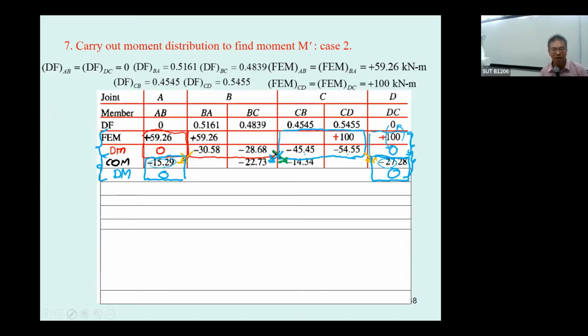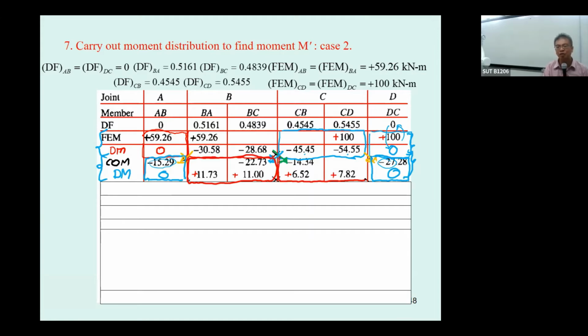Following this negative moment, you're going to require a positive moment here, also positive here, and positive here. You do the computation, you get all positive, and then the moment occurring on the joint is going to be in equilibrium.